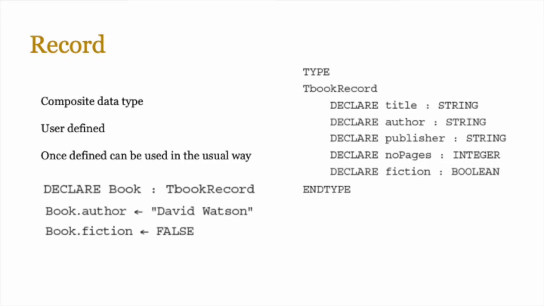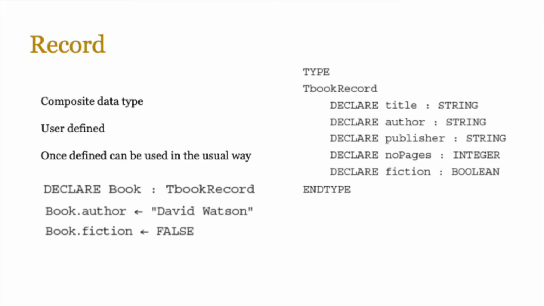Now once we've got this custom record data type, we can call it in the same way. So we're going to start a new instance. In this case, we're going to say DECLARE Book, but instead of being string, the book will be the TBookRecord data type we've just created. You can then define the book's author by assigning Book.author, the actual attribute which is in the TBookRecord.